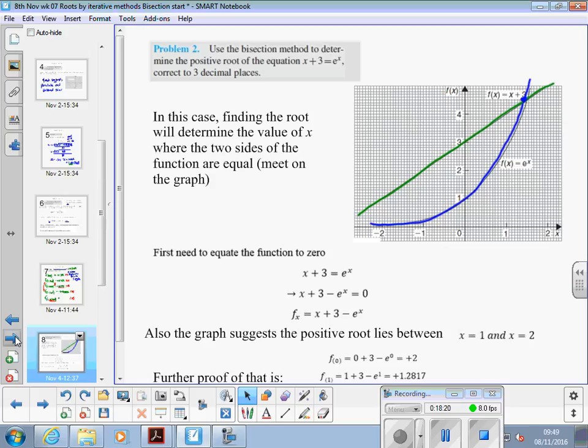We've been graphing that. So I've graphed one side, x plus 3, and I've graphed the other side, e to the x.